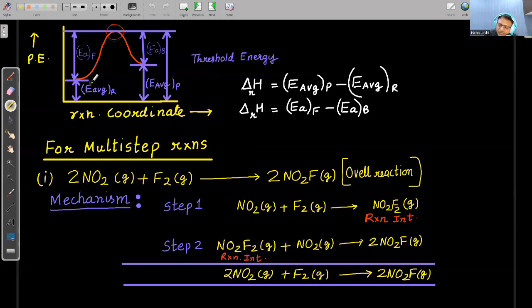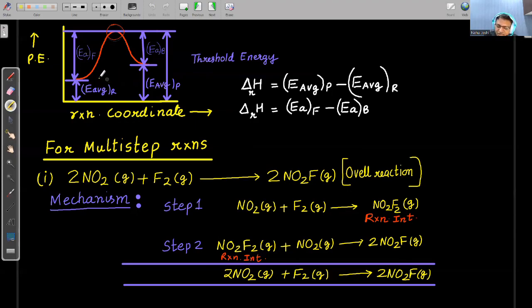If the reaction is reversible, then this is the average energy of the product molecules, and this is the activation energy of the backward reaction. When the reaction is taking place at constant volume and temperature, the difference between the average energy of reactant and product will give you the change in internal energy.